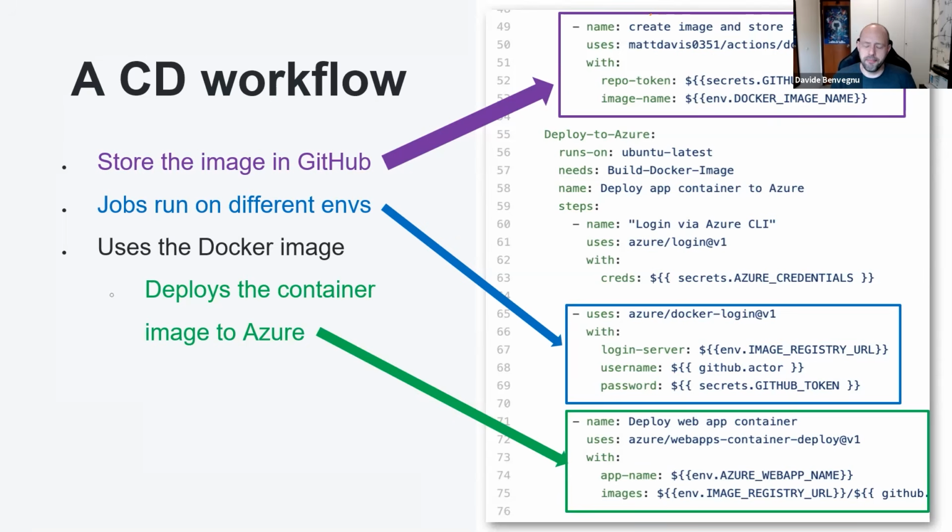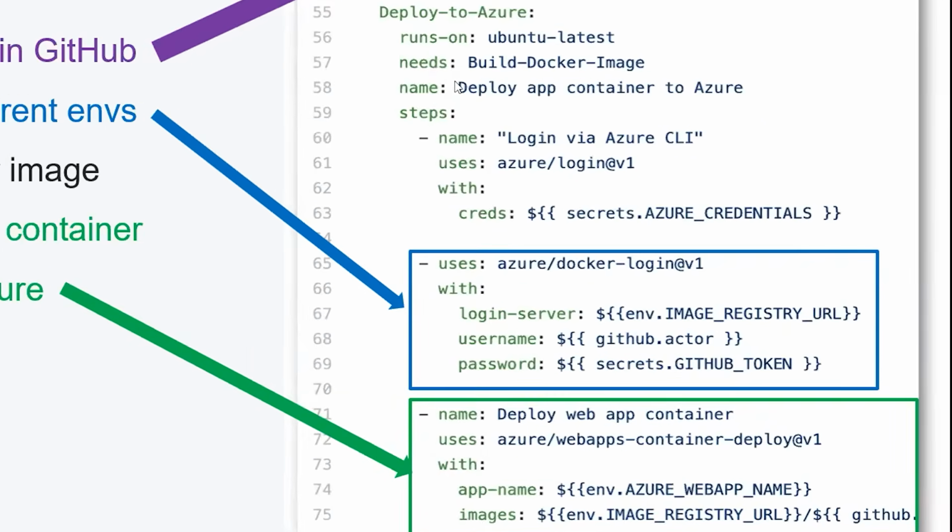container images. This is the last step of a CI job, in which we just store the image into packages. We will talk about packages in a moment, but just say we store the Docker image somewhere. And then we have this other job, the deploy to Azure job, which once again uses the needs clause over here, and this is the name of the previous job we have over here.